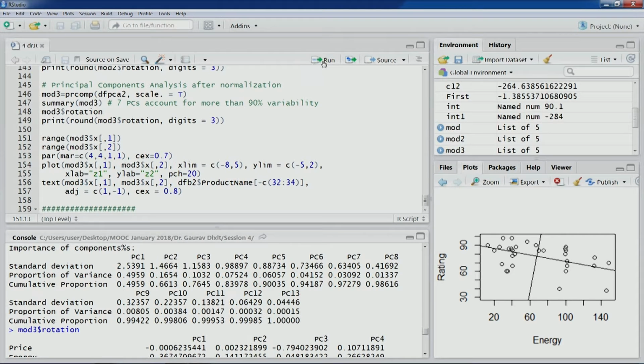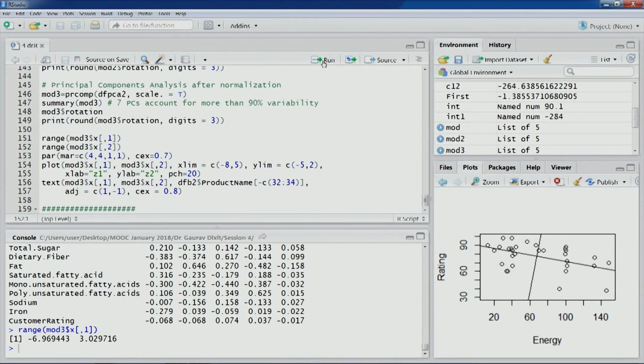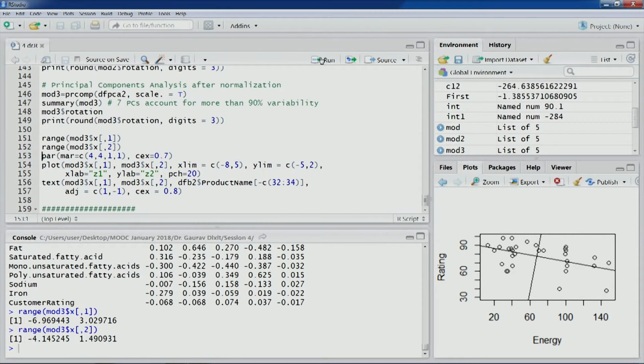Let's look at the range of the variables: minus 6.96 to 3.02, so the x limit has been specified appropriately. For the second variable, the range is minus 4.14 to 1.49, so the y limits have also been specified appropriately.